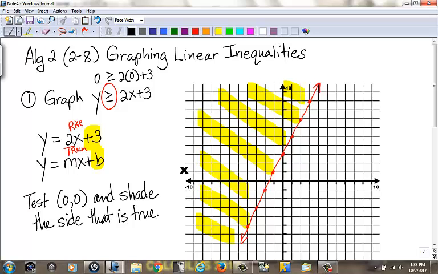You can put some other lines there, or use a different colored pencil, or just use some marks. It's basically all of this side. Any point in there would make that inequality true. Anything over on this side, where the 0, 0 is, would make that inequality false.